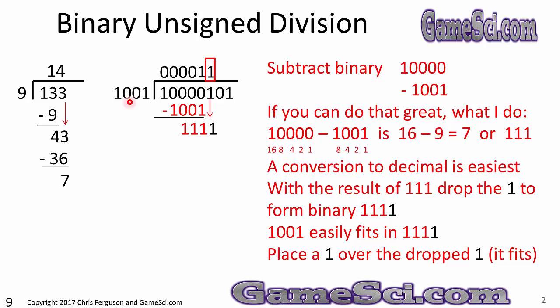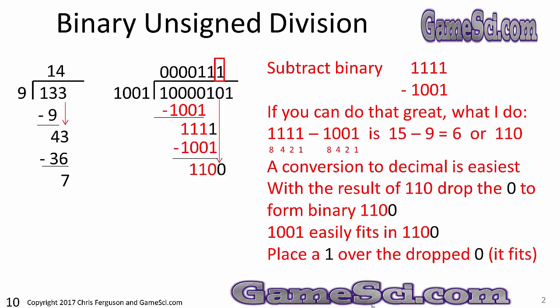My operand 1001 easily fits into this result. After I drop the 1, I'll place a 1 above it to indicate that we can fit into this value. 1001 easily fits into 4 ones, so place a 1 over the dropped 1. It fits. Once again, we need to subtract binary. We've got 4 ones minus 1001.